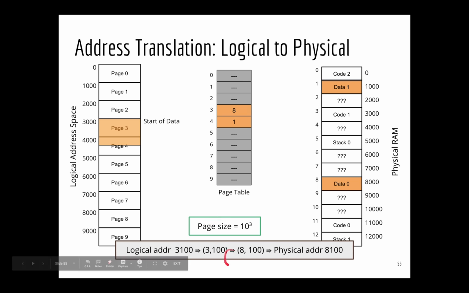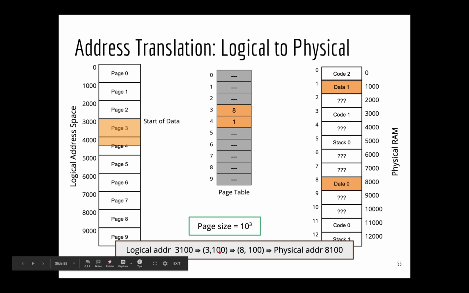When the MMU hardware receives this pair 3 and 100, it will do a lookup into the page table, use the page number as an index to the page table, and that number will tell the MMU where to find the data. So the data is in frame 8, but because the page size and the frame size are the same, offset 100 in the page will correspond to offset 100 in the frame.